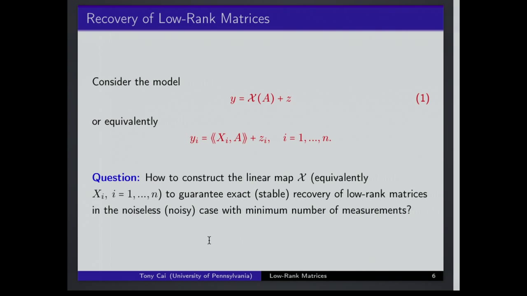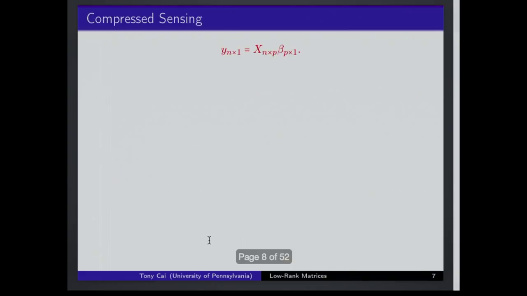And the problem has been well studied in the vector case. In the vector case, if we have a sparse signal beta and we want to project by a matrix X in linear regression without noise, then what kind of X will guarantee the exact recovery in the noiseless case?